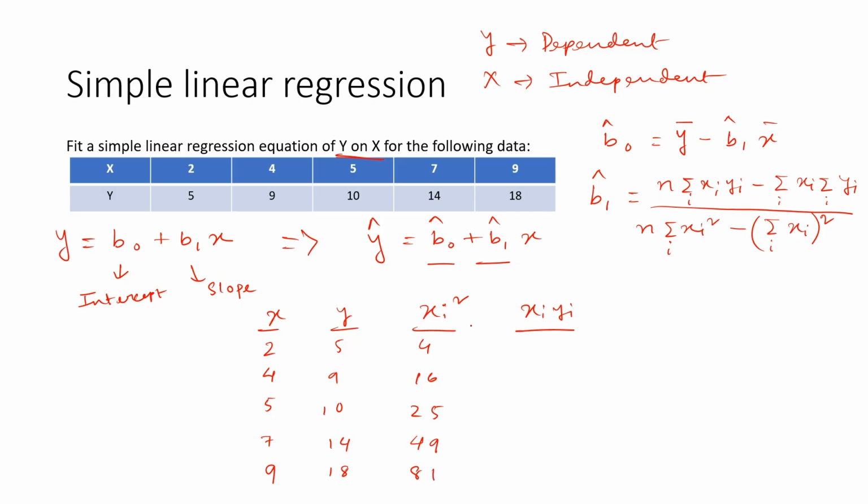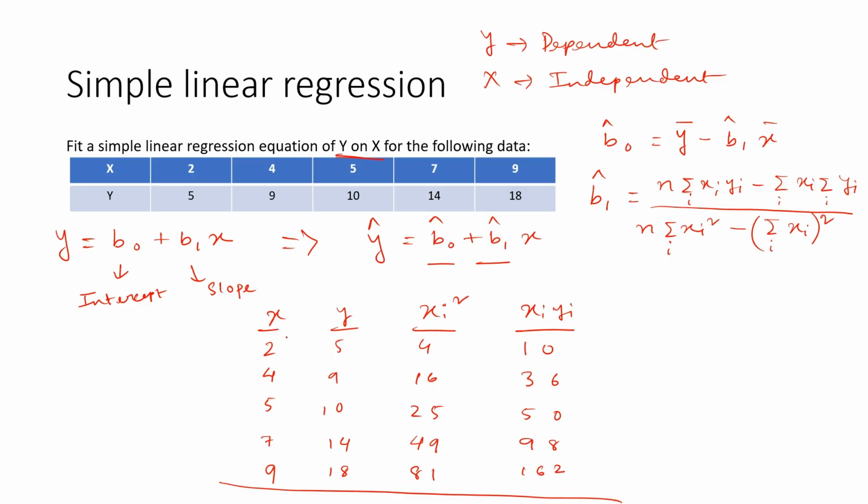Then we multiply each xi with its corresponding yi: 2 fives are 10, 4 nines are 36, 5 tens are 50, 7 fourteens are 98, and 9 into 18 is 162.